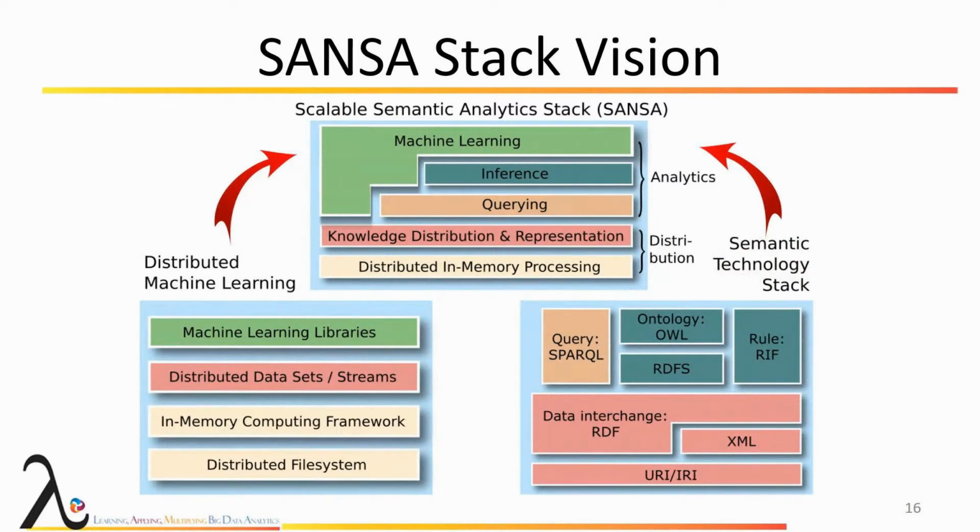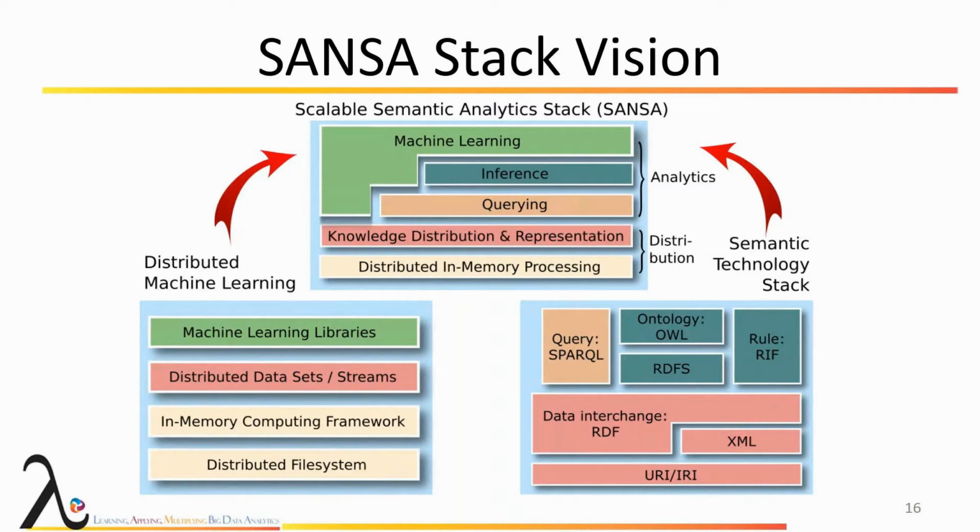Yeah, thank you. So on one hand, we have distributed and scalable systems developed like Apache Hadoop, Apache Spark, Apache Flink. And on the other hand, we have standards to represent data in the form of RDF. So we have the semantic technology stack on the right hand, and on the left hand, we have distributed frameworks.